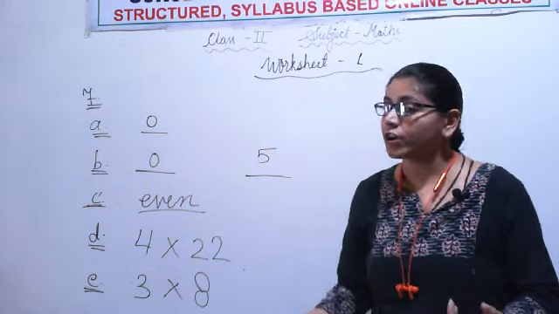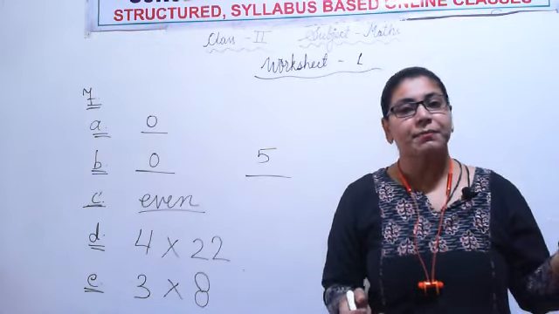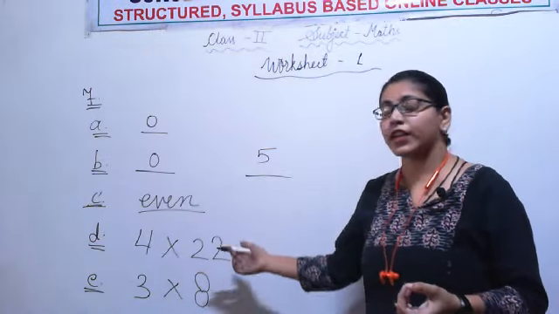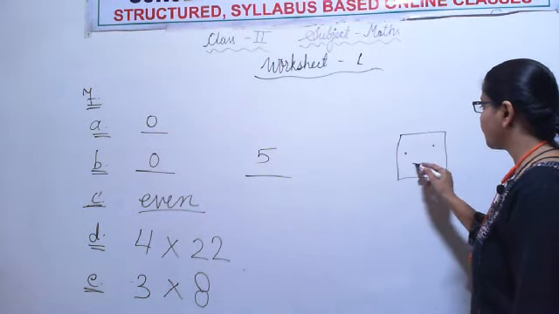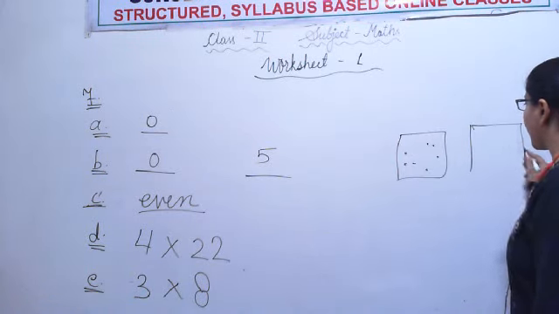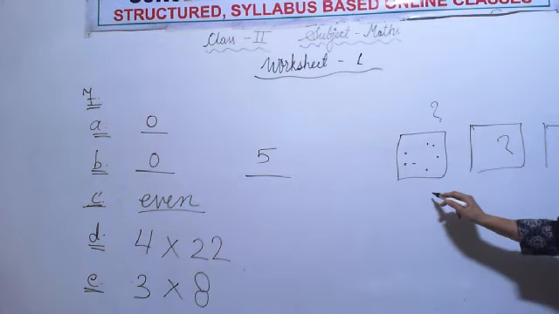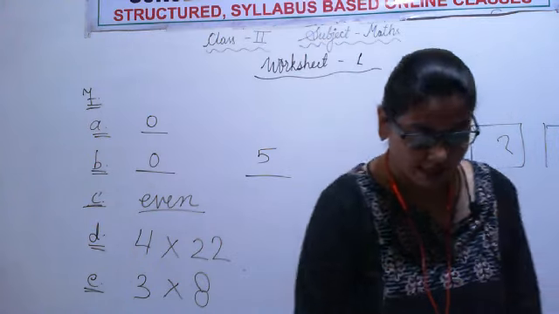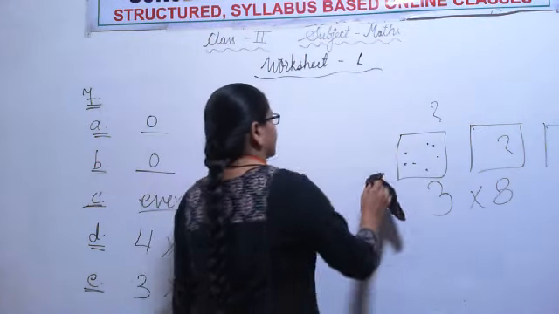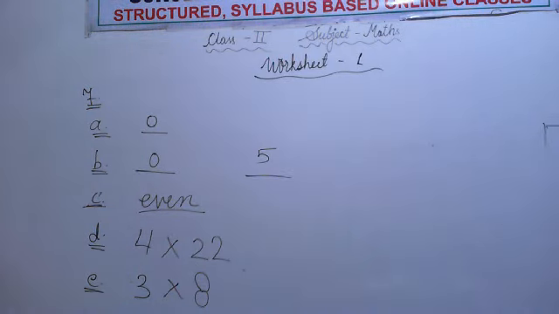For getting that, we will multiply 8 into 3 or 3 into 8, or this is how we can understand. In 1, 8 is there and they are asking us to find in 3 how many. So 3 times 8. So that is what we had written there. So these are the answers of question number 7. Fill in the blank.